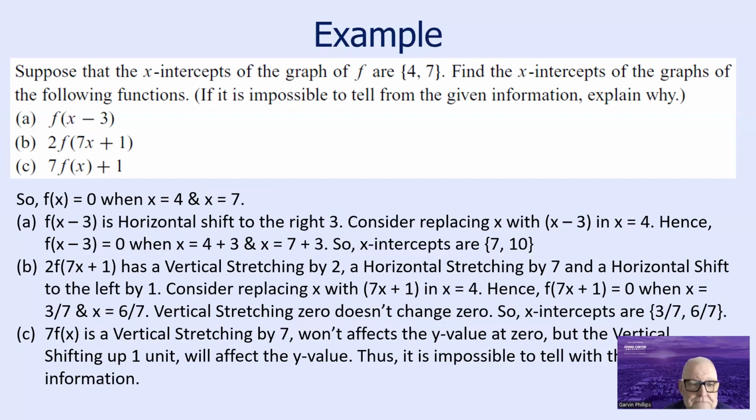The next one, 2 times the function of 7x plus 1. So you have quite a few things happening here. We need to first consider what each piece is doing. That function has a vertical stretch by 2, a horizontal stretch by 7, and a horizontal shift by 1.